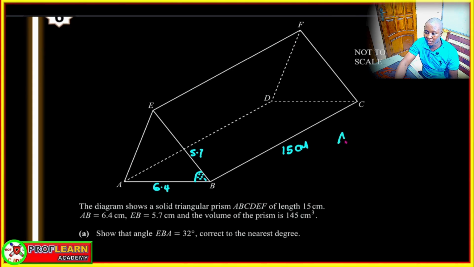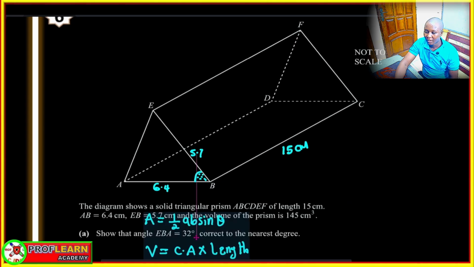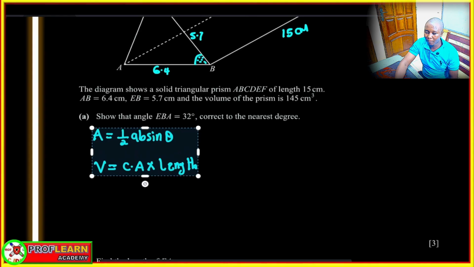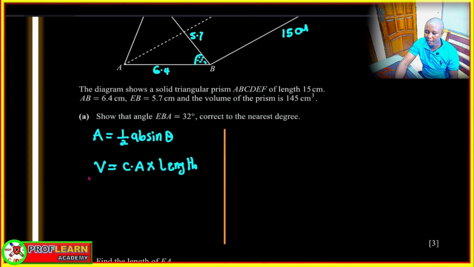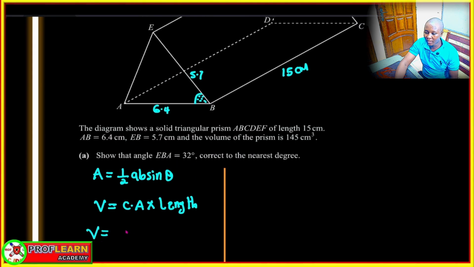So we can say area of AEB is going to be a half AB sine theta. Yeah, and the theta that we're going to use is the angle that we are being asked to work out. Then now we can say volume is cross-section area times the length. So we are given the volume.